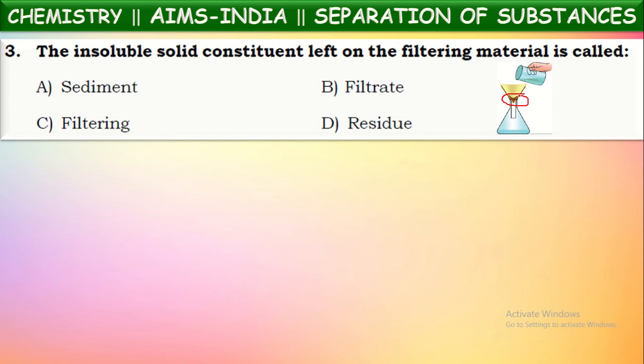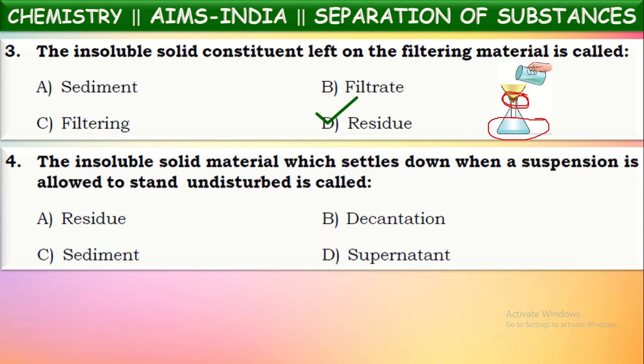Sometimes they may use some cloth or any other porous material. So the solid material will remain there and the clear liquid will pass down into another container. That clear liquid obtained is called filtrate and the solid substance remaining in the filtering material is called residue. What is it? Residue. Next question.